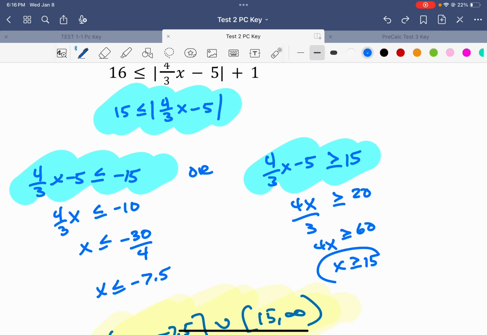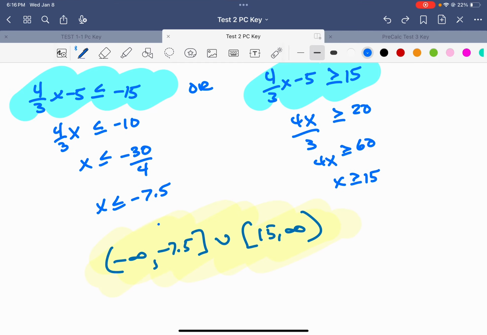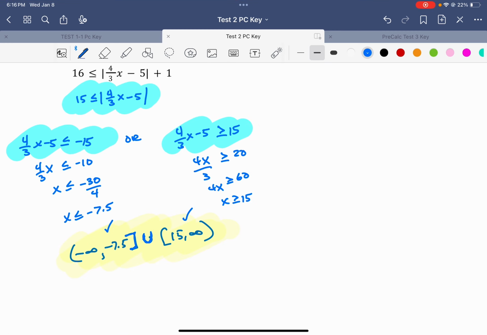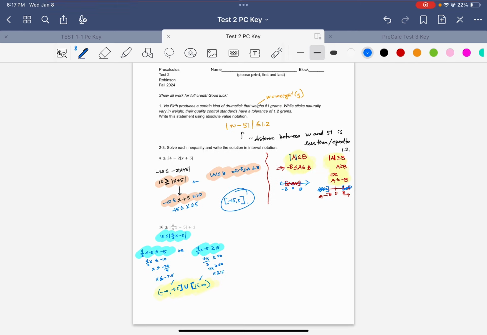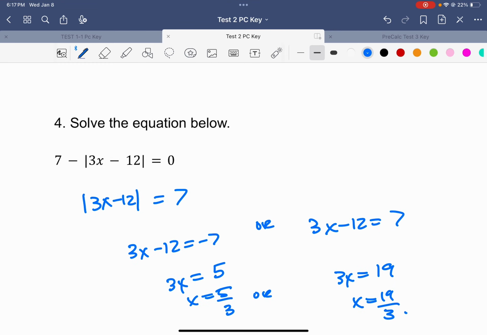On the right, I get x is greater than or equal to 15. So that means I either get this or I get this. So that would be my answer. Notice we have these because you're allowed to be equal to, and we have this bracket because this is equal to.